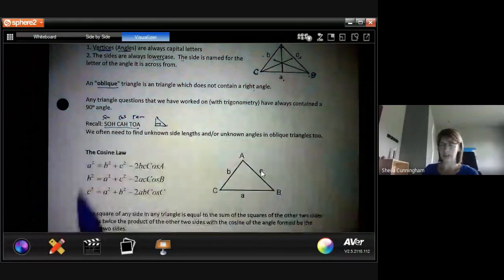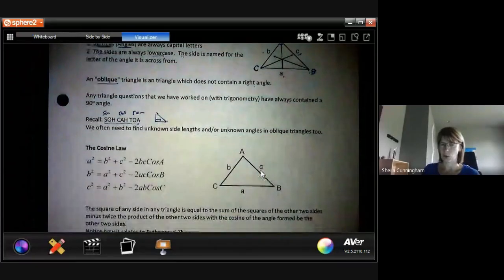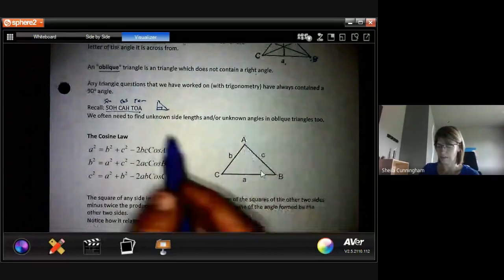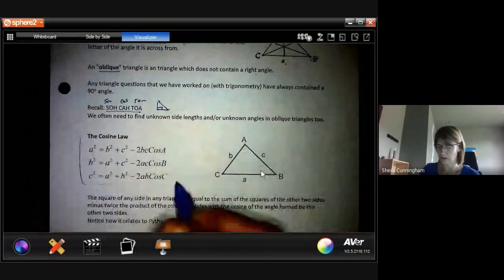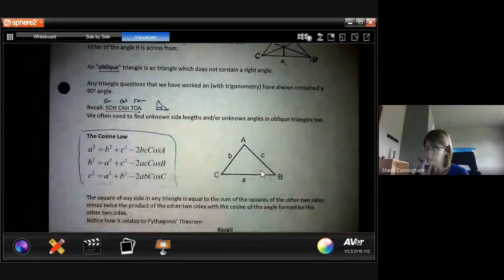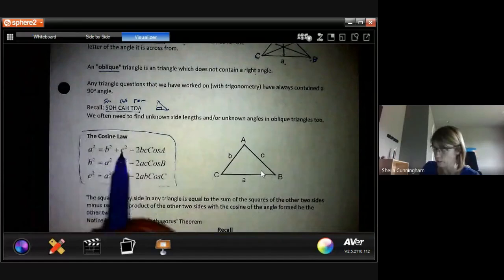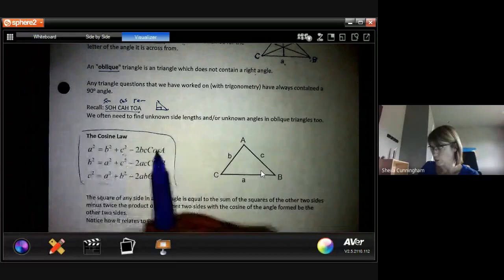Well, what we're going to do is the cosine law. If it's an oblique, if it's not a right triangle, then we have to use either the cosine law or the sine law. What you'll notice in here is you're going to have letters that represent the sides of your triangle, and you'll also get an angle in the cosine law.